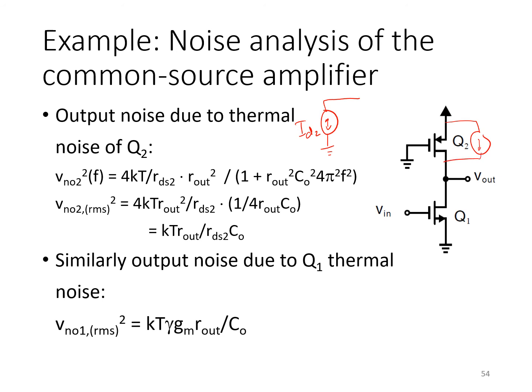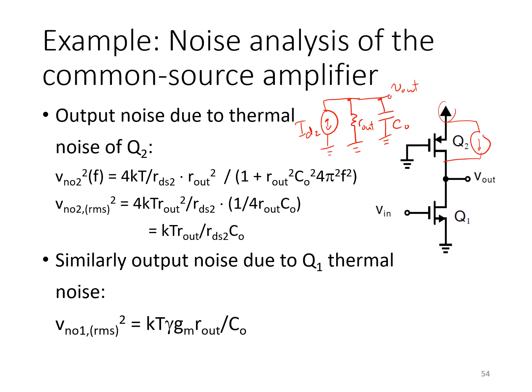It's seeing a small signal ground at one end, and the other node is Vout, to which we see connected small signal Rout. Remember that's RDS1 in parallel with RDS2, and the output capacitance CO.